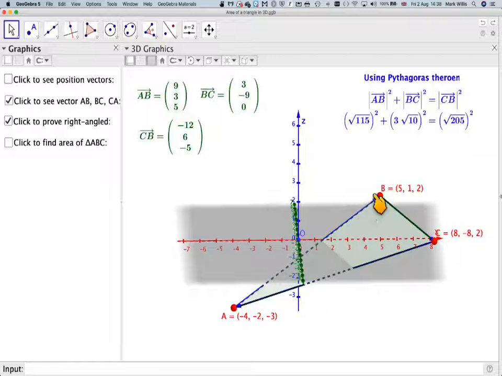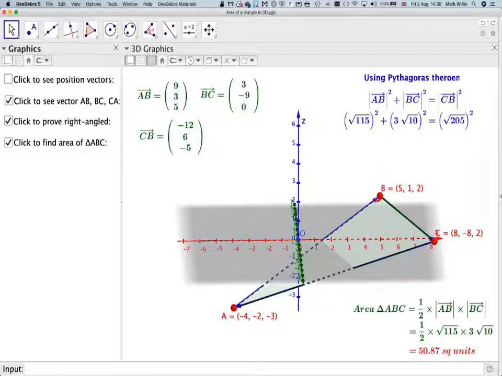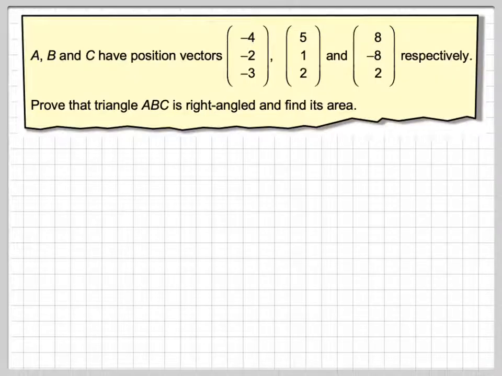Draw a square on this side plus a square on this side, it will be equal to the square on that side. And once we've done that, half of the length of AB times BC will give us the area of the triangle. So what we're going to do is prove all this using vector methods.